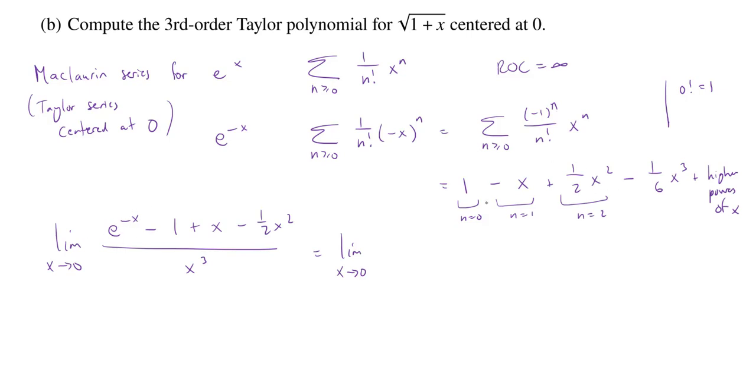I'm going to get rid of these first 3 terms because they just cancel out. And I'm left with negative 1 over 6 x cubed plus higher powers of x, over x cubed, which I can break up.